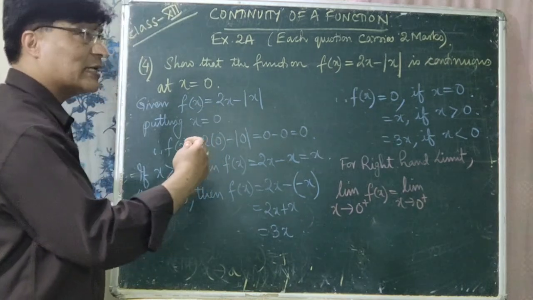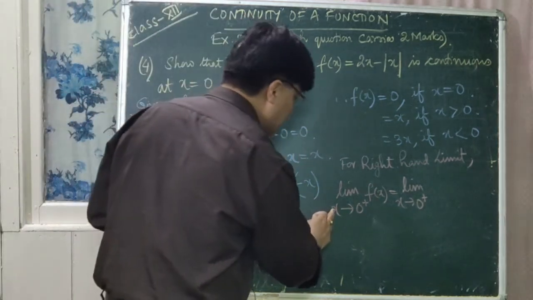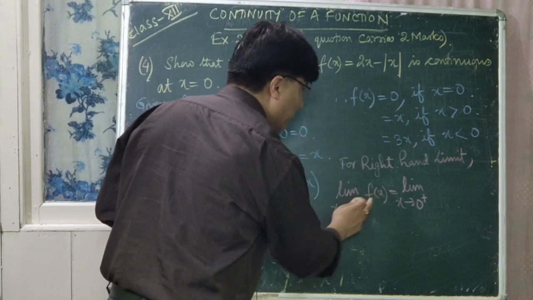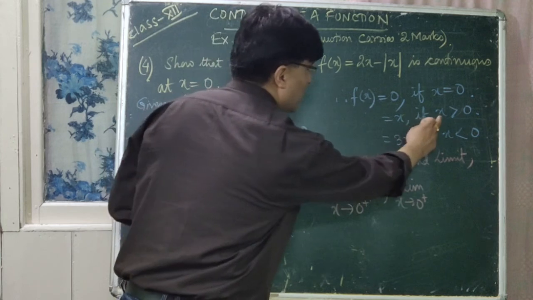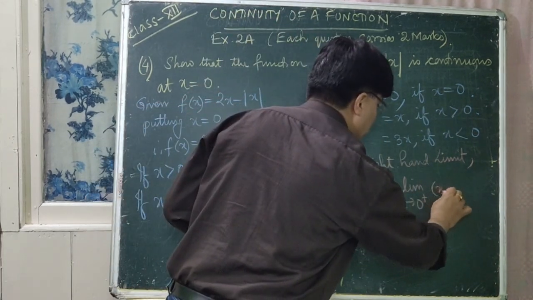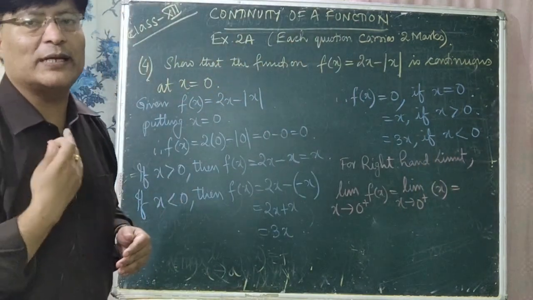And on the right hand side of x is equal to 0, all the values of x are greater than 0. So what is the value for f of x when x is greater than 0? It is x. So you can write here x.